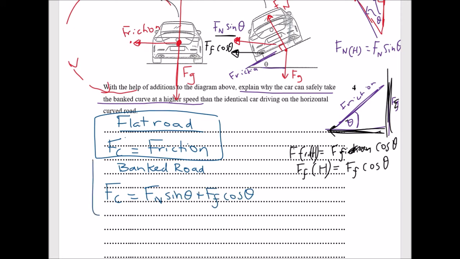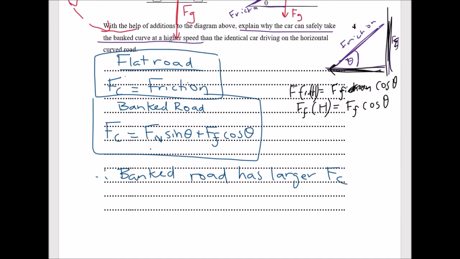What we can see here is that the banked road actually has a larger friction force, or larger centripetal force, than the flat road.